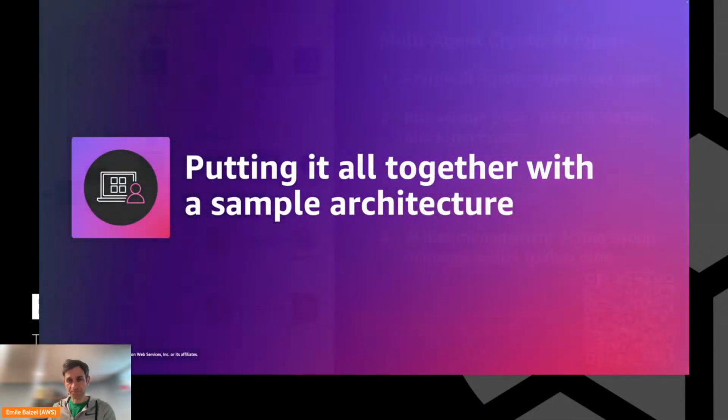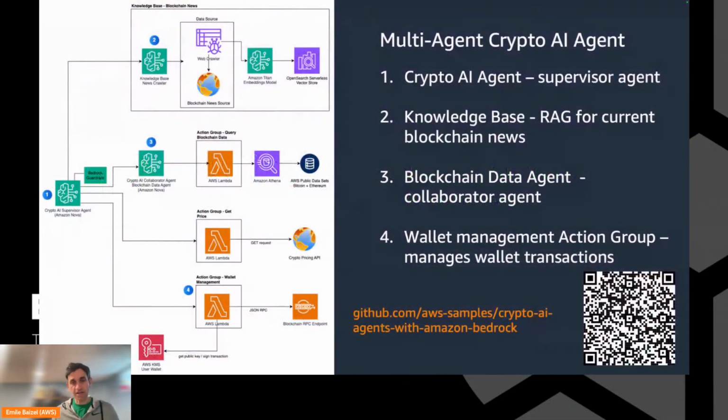Cool. So I talked about a lot of things, and I included this here because I think sometimes, at least for me, it helps to see how everything fits in the context of an overall application. So everything which I've touched on in my presentation is within this diagram here. You'll see a QR code and a link at the bottom.